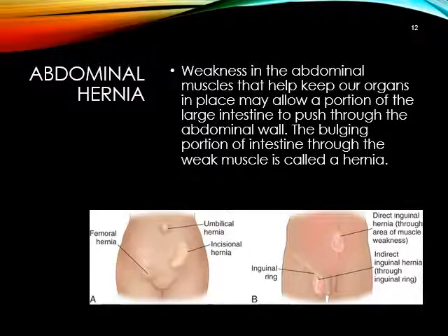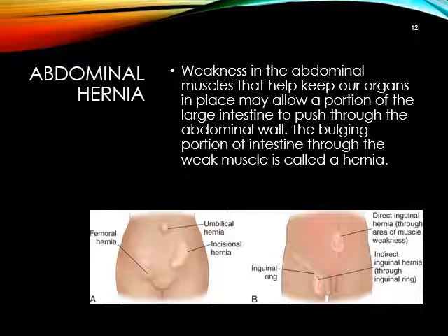When they're diagnosed, it can be treated if it's not painful, but there is a risk that it can twist. So when it's convenient, they like to try to repair that, especially if it's big. The lump may disappear when the patient lies down or at rest, but returns when standing or straining.